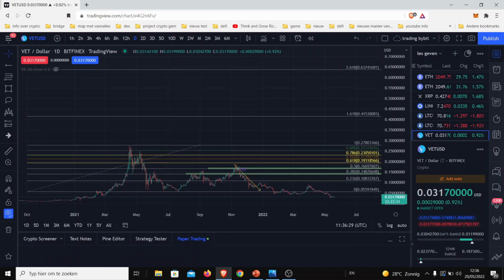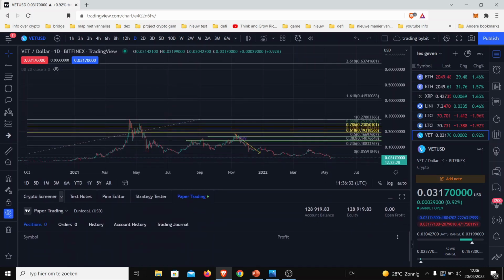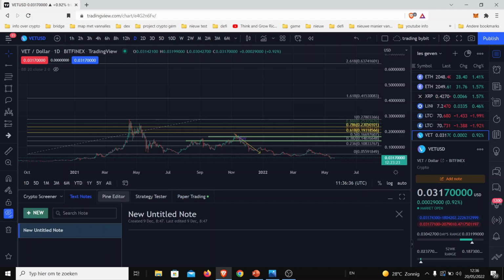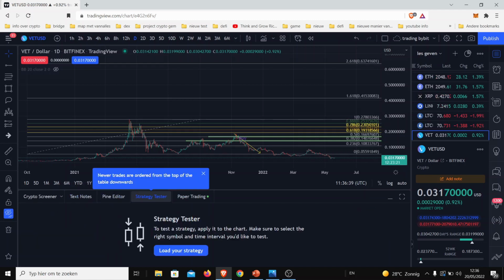Okay, now under here you can add new things into it, and you have to add paper trading. So let me take a look. I'm not sure how I put this back onto it.